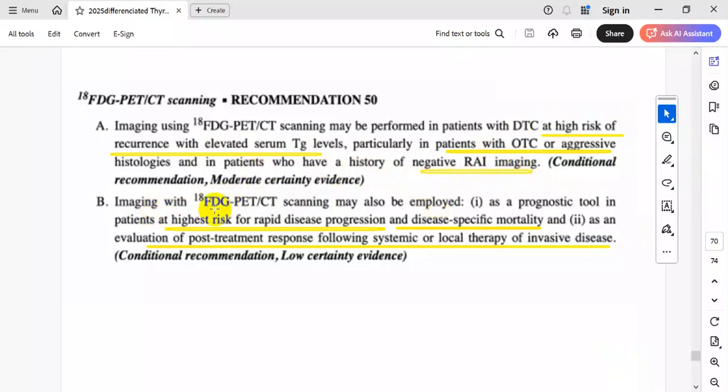In some cases, 18 FDG PET scan may also be employed in patients at high risk for rapid disease progression and disease mortality, and in evaluation of post-treatment response following systemic or local therapy of invasive disease.